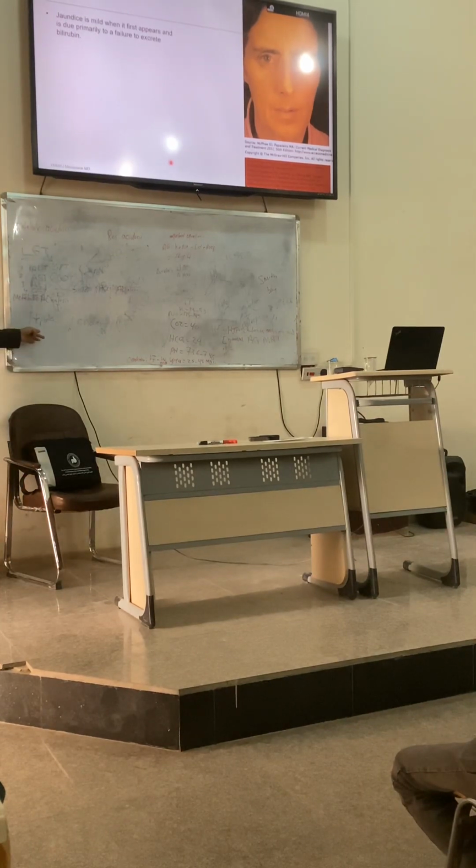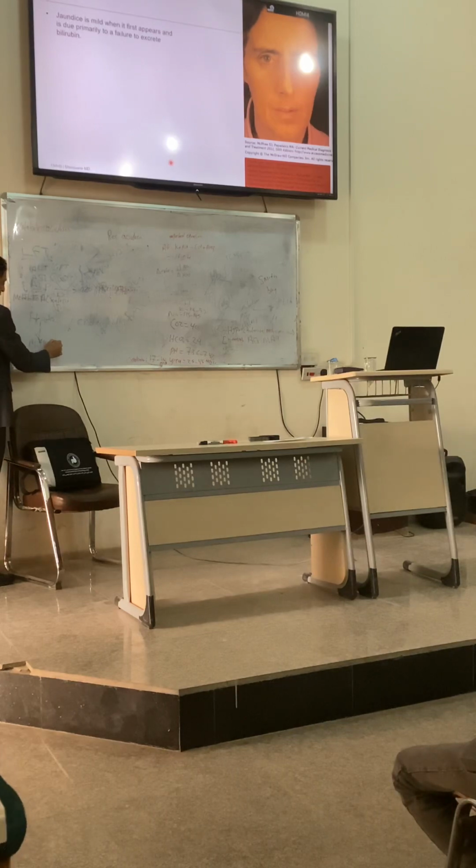So the definition of hepatocellular hepatitis or deranged liver function is when the ALT and AST are more than 5 times normal, and the ALP and GGT less than 2 times normal.